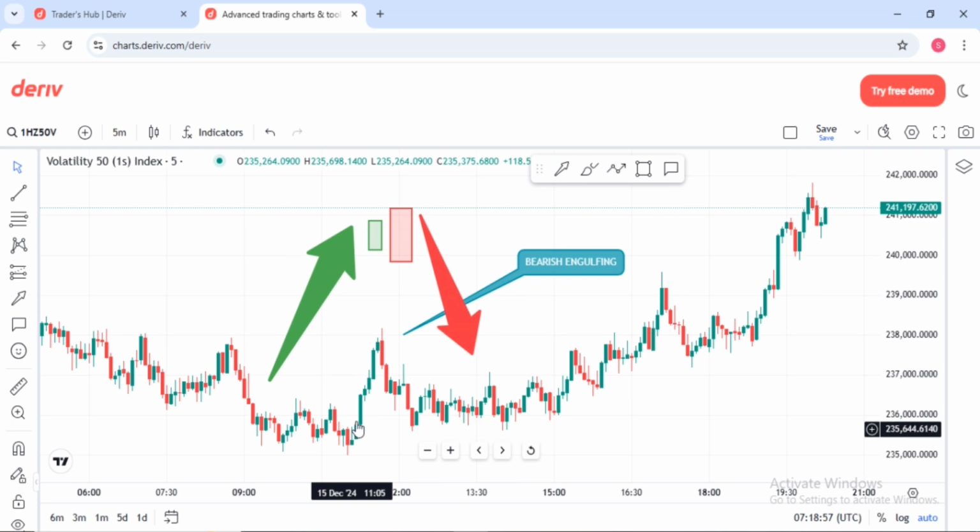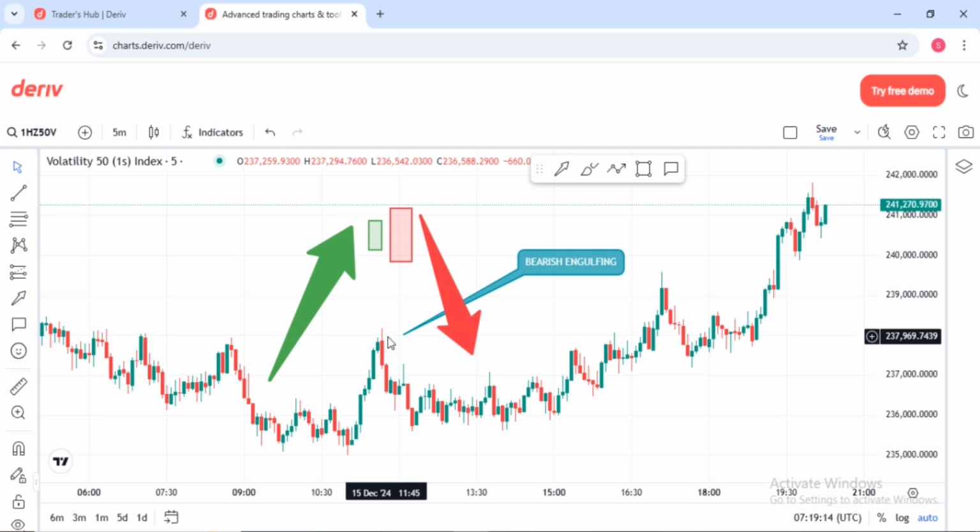Then there is a green candlestick formed here, and it is completely engulfed by this red candlestick. So this is a bearish engulfing candle pattern, and it shows that the market is going to fall. That's why you can see at this point the market reversed.